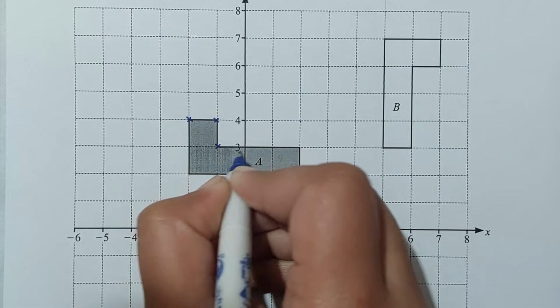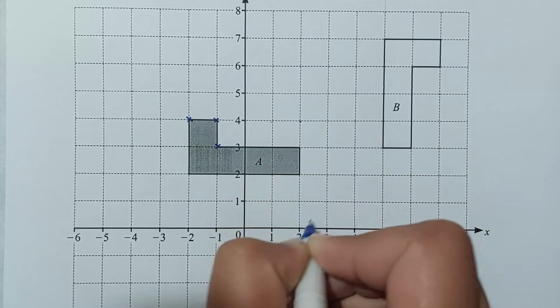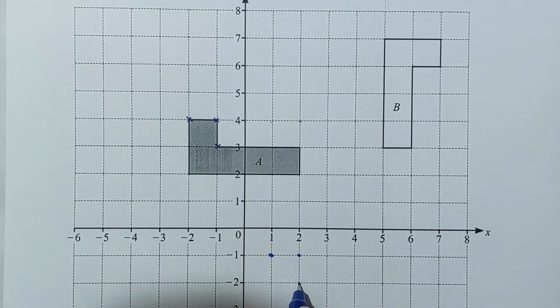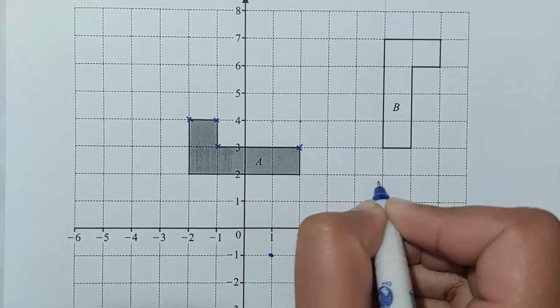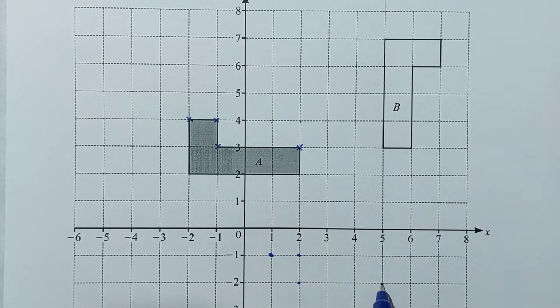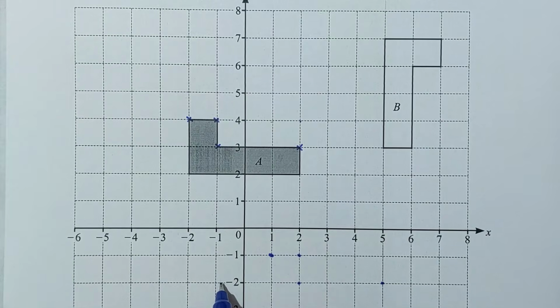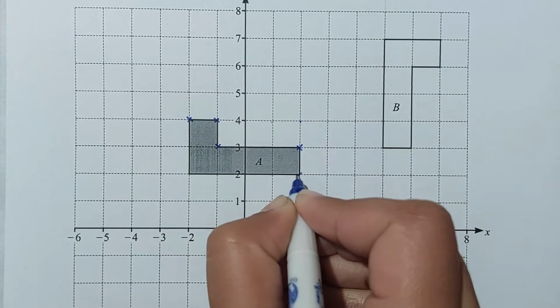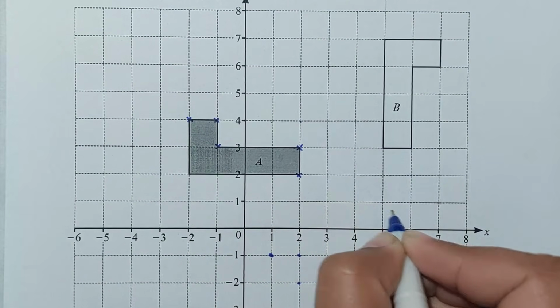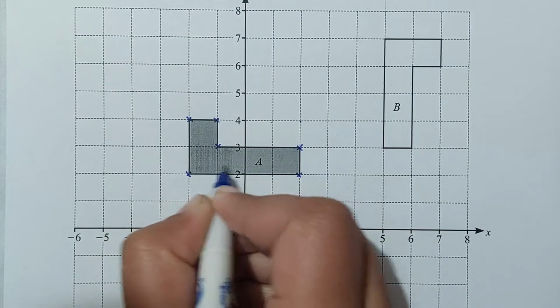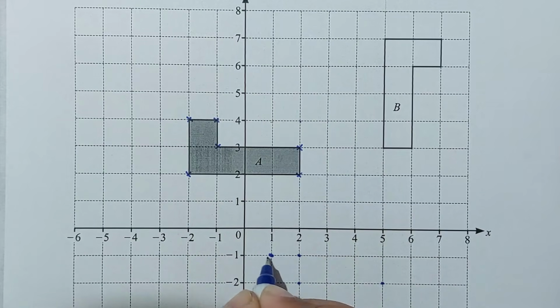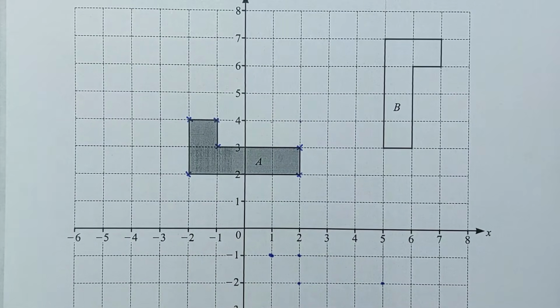Now this is 1 2 and 3, 1 2 3 4 and 5, which is 2 minus 2. This one is 1 2 3, 1 2 3 4 5, 5 minus 2. This one, 1 2 3, 1 2 3 4 5, which is 5 minus 3. And the last one is 1 2 3, 1 2 3 4 and 5, which is 1 negative 3.